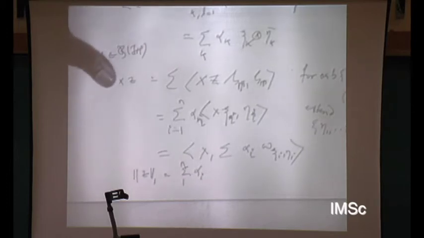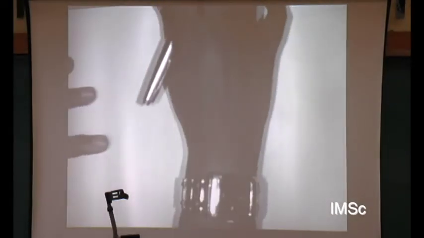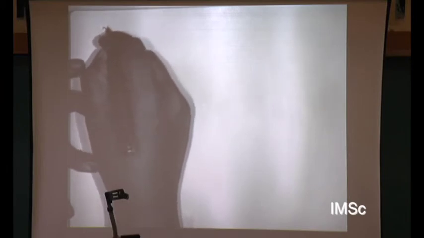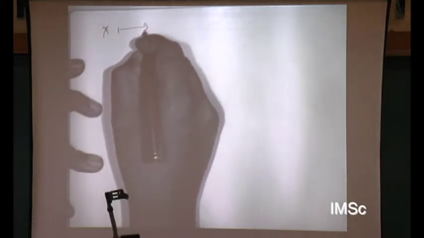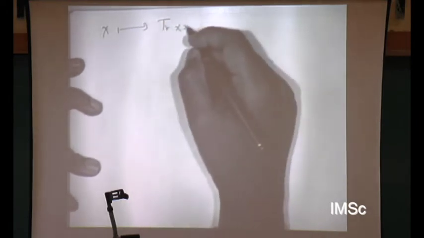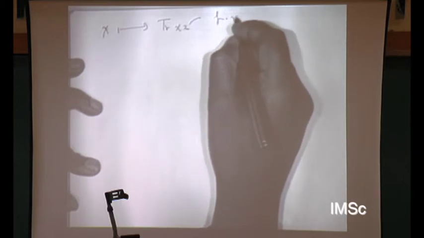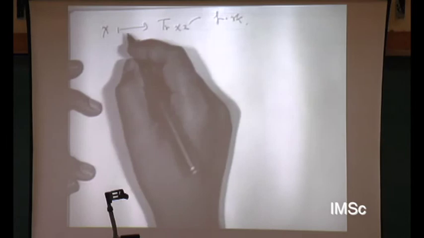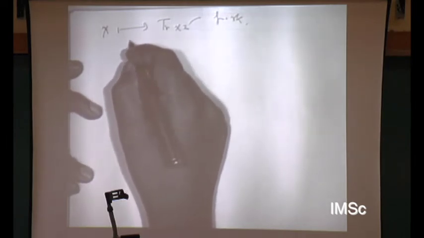So I'm trying to derive this from what we've done before. See, if you look at x going to trace of xz, where z has finite rank, we call this functional phi z.